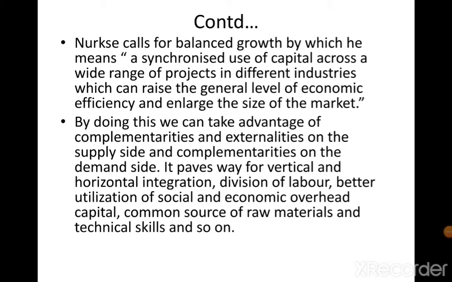So Nurkse calls for balanced growth, which is a synchronized use of capital across a wide range of projects in different industries, which can raise the general level of economic efficiency and enlarge the size of the market. So this was his prescription for all underdeveloped economies that are trapped in the vicious cycle of poverty.